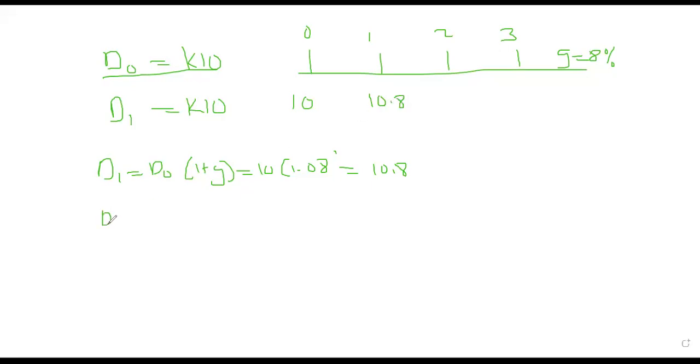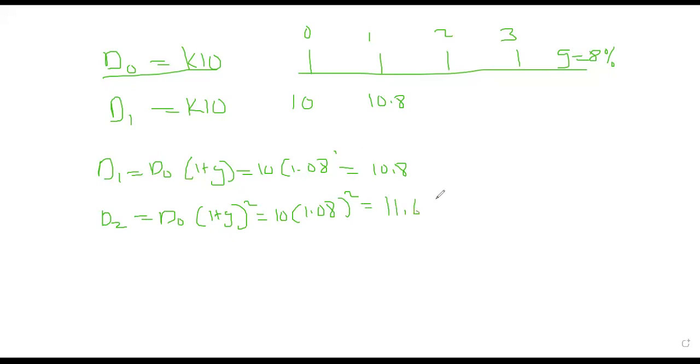Then to get D2, I'm trying to quicken your way of thinking. This is D1 times (1 plus g) to the power 2. So this is 10 times 1.08 to the power 2. For those of you with calculators, 1.08 squared times 10 is equal to 11.66.